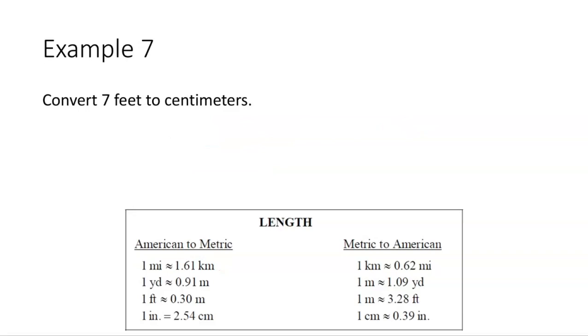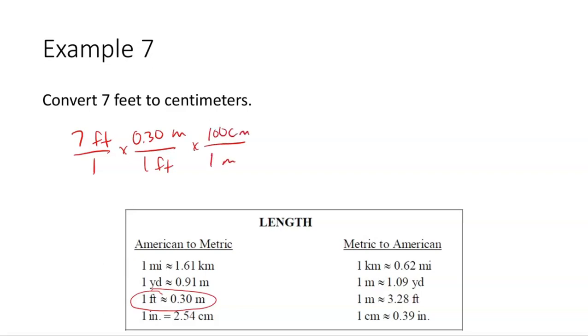If I want to convert 7 feet to centimeters, I'll start with 7 feet. What I know is 1 foot is about 0.30 meters. There's a couple ways you can go about this, but one way is to say 1 foot is about 0.30 meters, and then recall that 1 meter is the same thing as 100 centimeters.